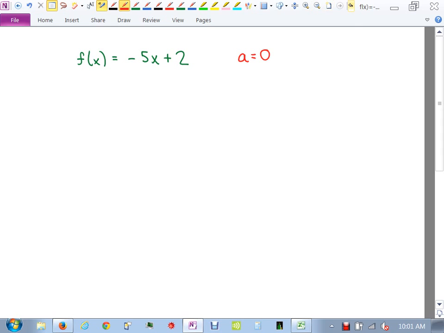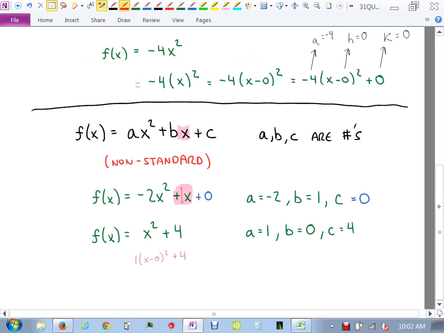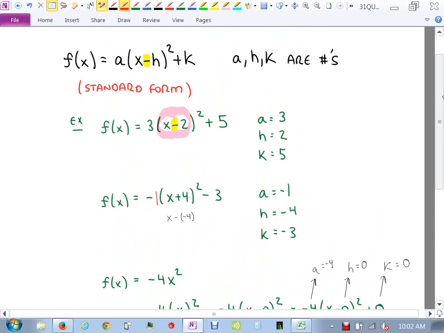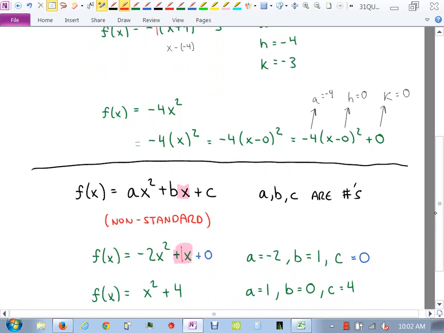Where's my back button? Come back over here. On both of these, on this standard form, I said A, H, and K are numbers, right? And on the non-standard form, I said the same thing. A, B, and C are numbers. There's one thing I didn't put there that I wanted to illustrate with that example I just showed you. In order for this to be a quadratic, don't you agree we have to have an x squared there? So I need to add a condition to this statement right here. Not only are A, B, and C numbers, A can't be 0.